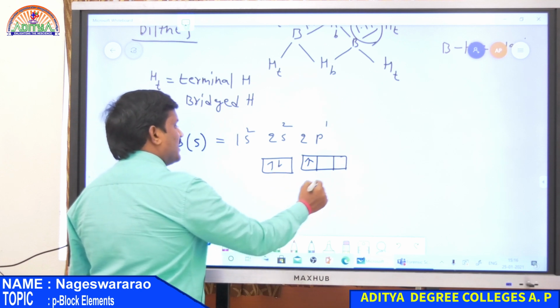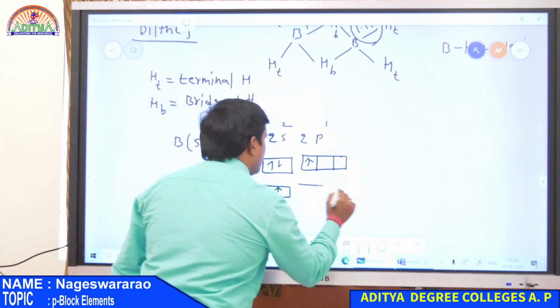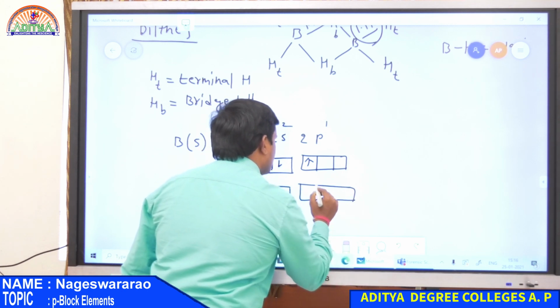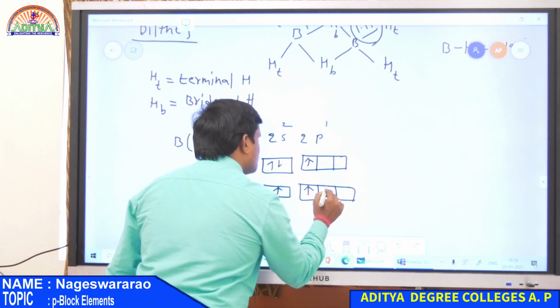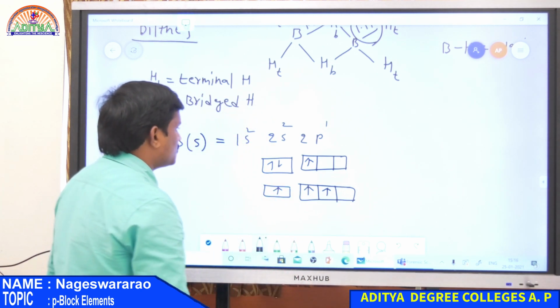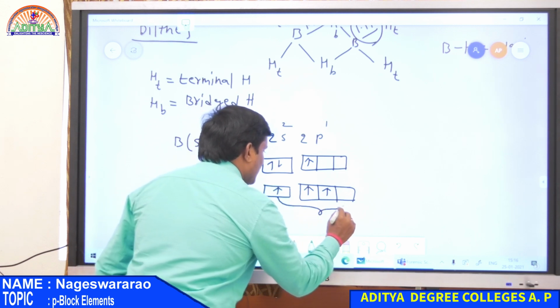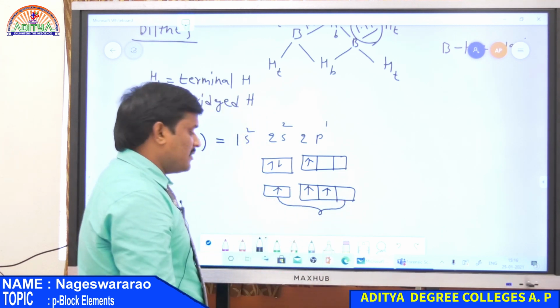Whenever this electron is excited, the configuration of boron is like this: in the s orbital there is only 1 electron, and in the p orbitals there are 2 electrons. So totally this s orbital and all these p orbitals are involved in the bond formation.